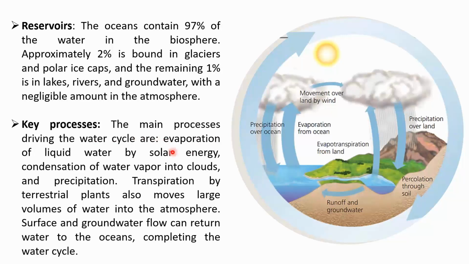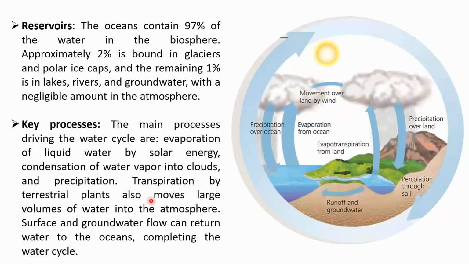The main process driving the water cycle is evaporation of liquid water by solar energy. So the water in the water bodies is evaporated when solar energy is present. Next is condensation, where water vapor condenses into clouds.